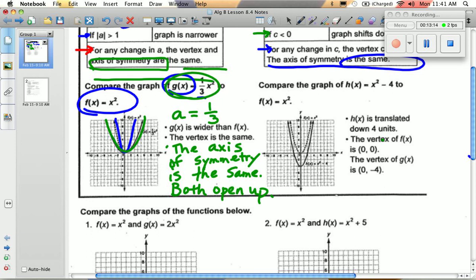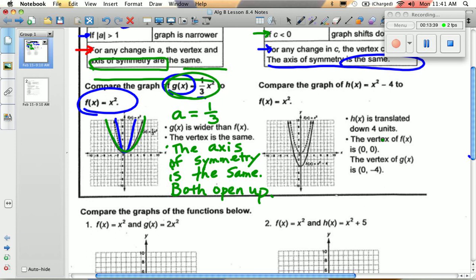But now the a value is between 0 and 1, so that means it's going to get wider. The c value stayed the same, so that doesn't move the vertex. It stays right where it's at. If the vertex doesn't move, guess what? Neither does the axis of symmetry. In fact, we said the axis of symmetry is never going to move. The axis of symmetry should always stay the same in the transformations we're going to talk about.